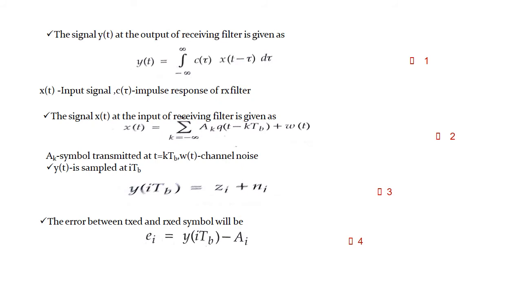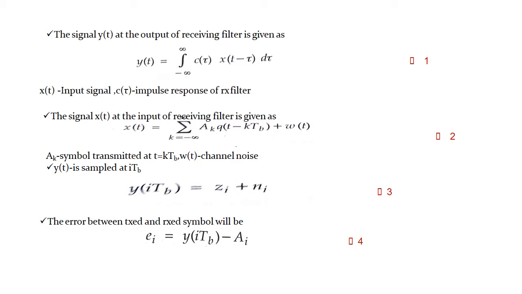So next one is the signal y of t at the output of the receiving filter, given as y of t equal to integral minus infinity to infinity c of tau into x of t minus tau d tau. Here x of t is the input signal and c of tau is the impulse response of the receiver filter.